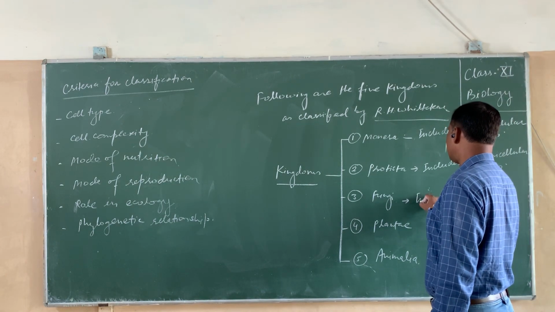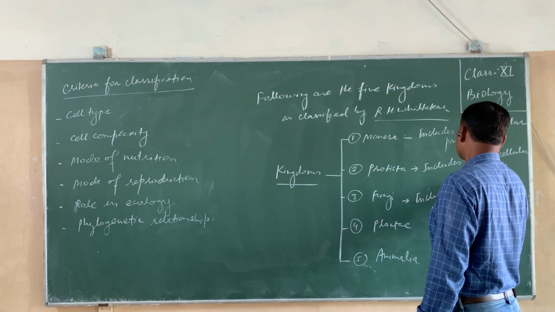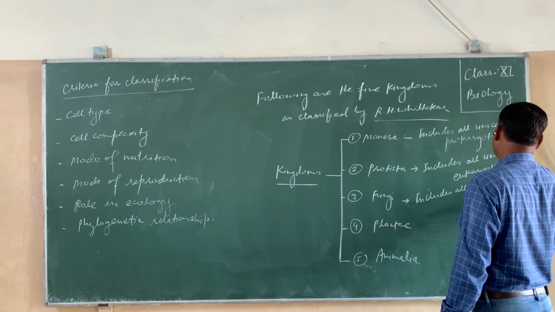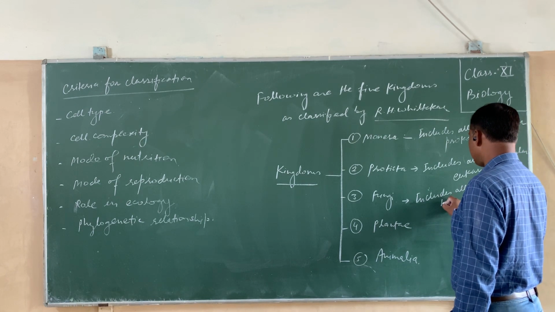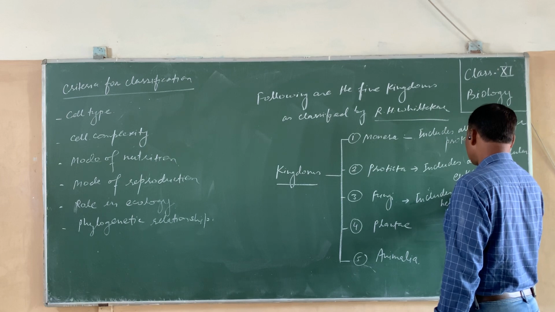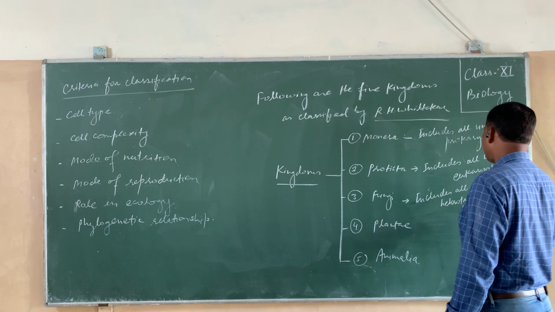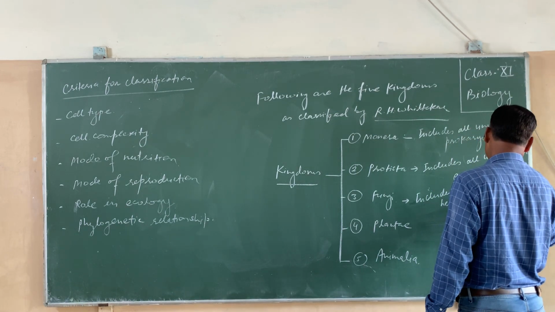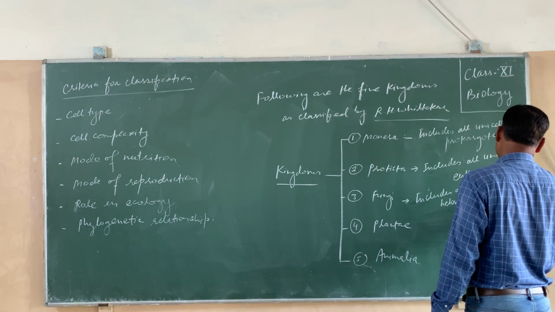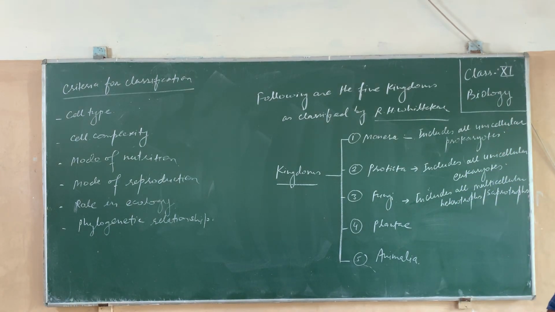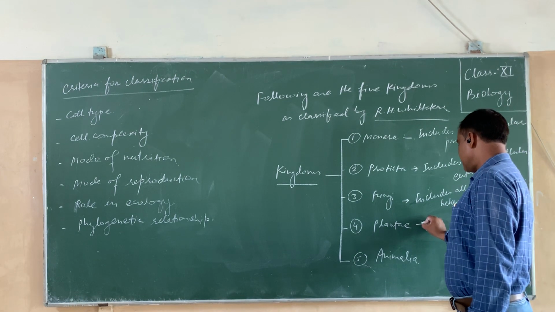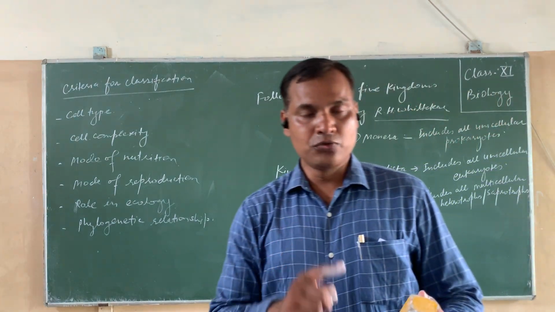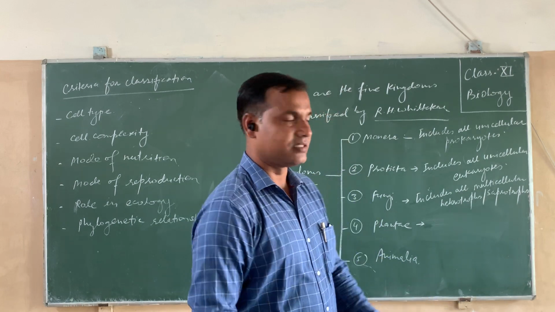Fungi involves and includes all multicellular heterotrophs or saprozoic, or simply saprotrophs. Plantae is the only kingdom which includes multicellular, eukaryotic, and autotrophic organisms.